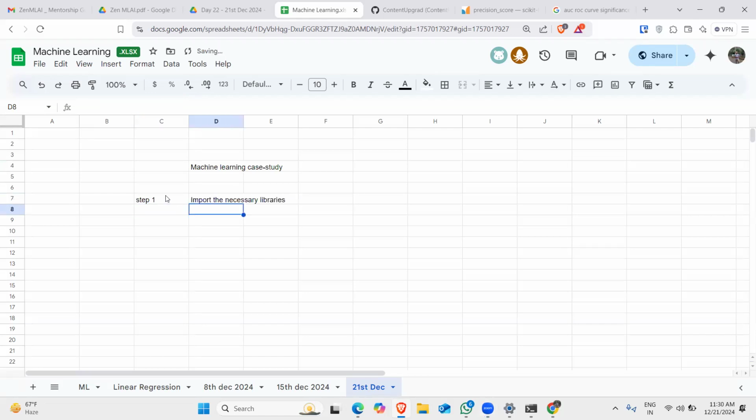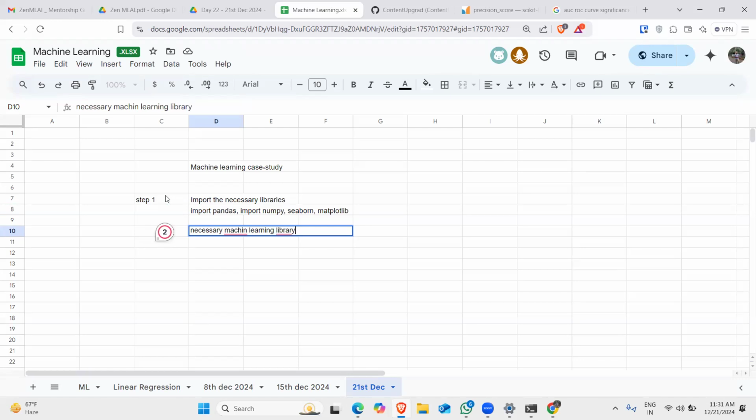We import pandas, numpy, seaborn, matplotlib. We import the necessary machine learning libraries. If you are using linear regression, you'll import that. If you are using logistic regression, you'll import that.